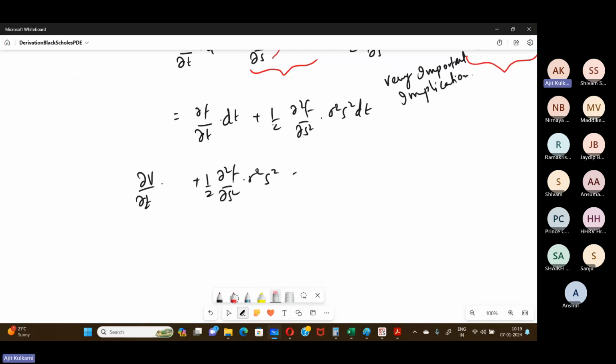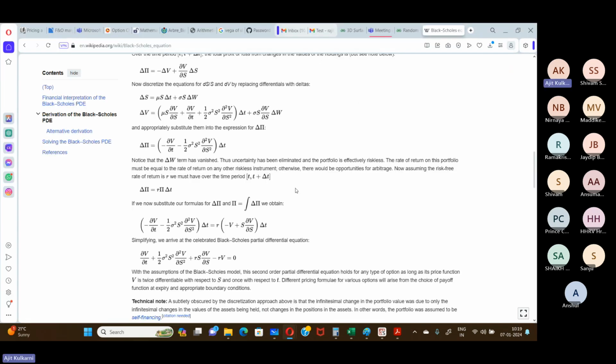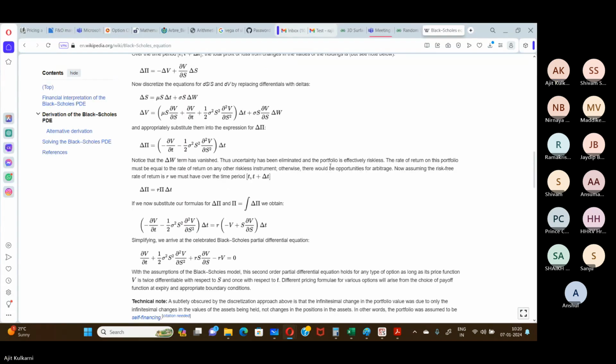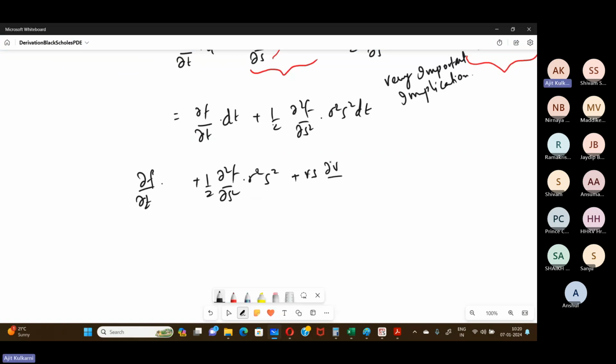We had used the notation of f for the option. Plus rS into dou f by dou S minus rf is equal to 0. So this is your famous Black-Scholes PDE.